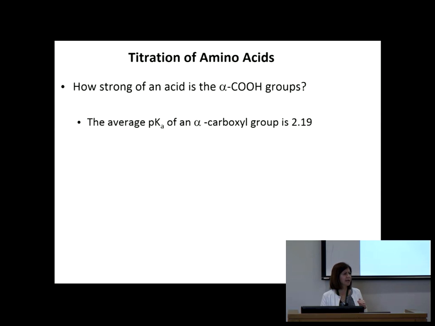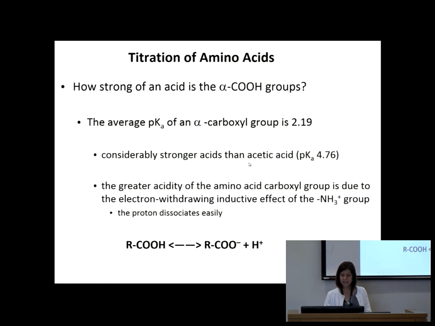A lower pKa, what does that mean about the strength? It's a stronger acid, right? Because remember, lower pKa means a higher Ka, and it's products over reactants for the Ka. So lower pK means a stronger acid.